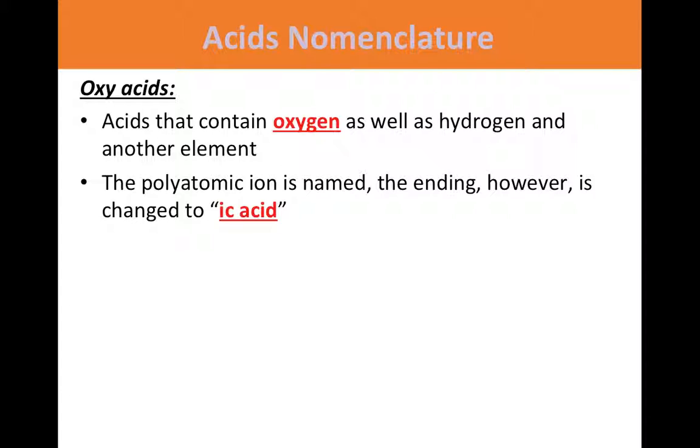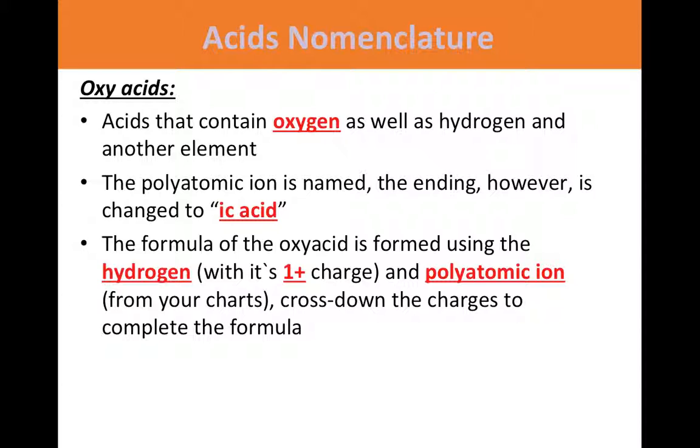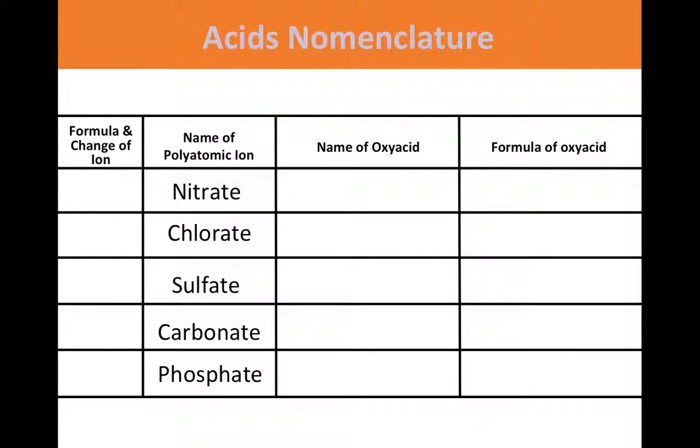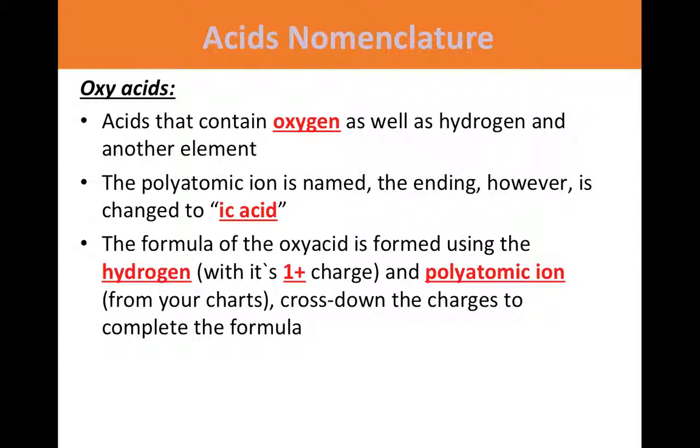You get your per-ic acid, your hypo-ous acid, and there's one more, and now it is leaving my mind. Anyways, go over that list. The formula for an oxyacid is formed using the hydrogen and then the polyatomic ion.